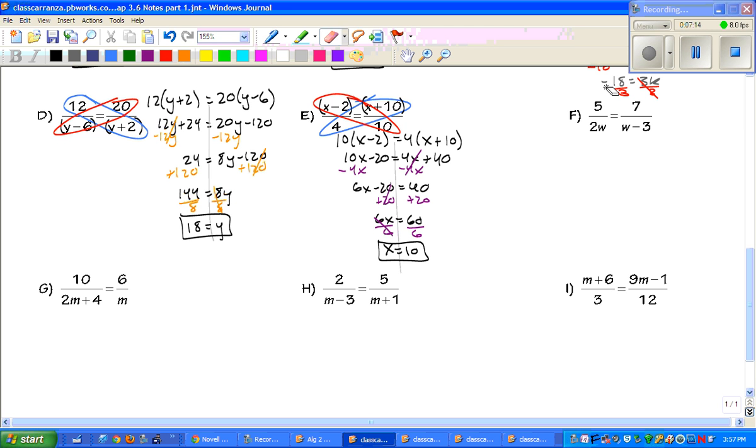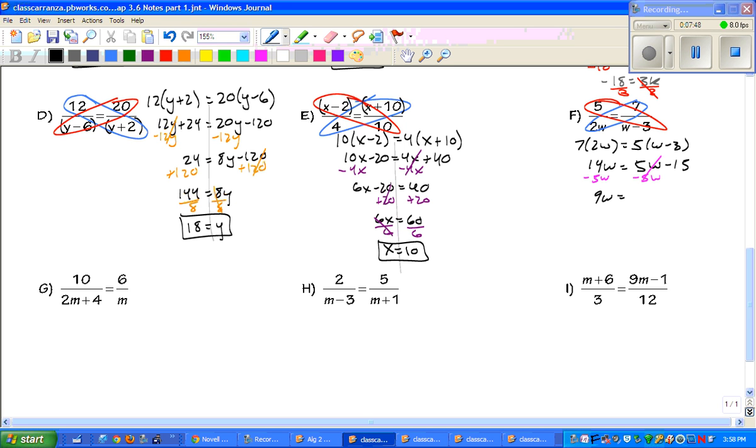All right, let's go with F. Okay, so 2w times 7 equals 5w minus 3 times 5. Okay, so you get 14w equals 5w minus 15. Get your variable to one side, so we're going to subtract 5w from both sides.